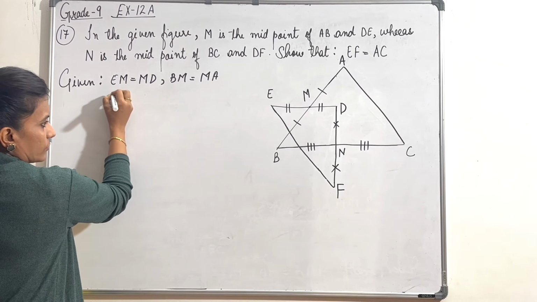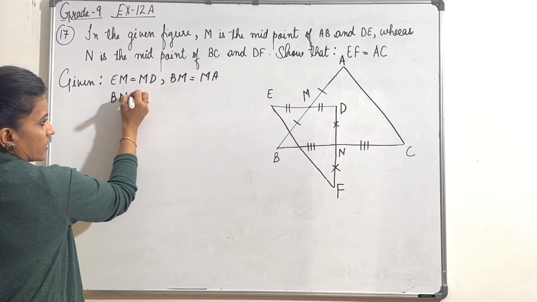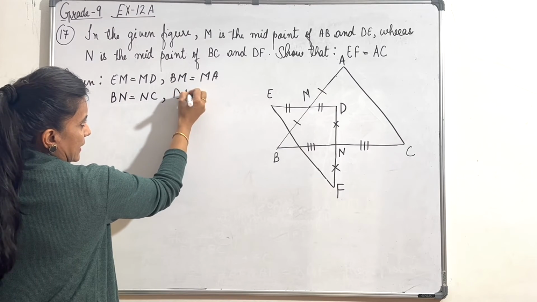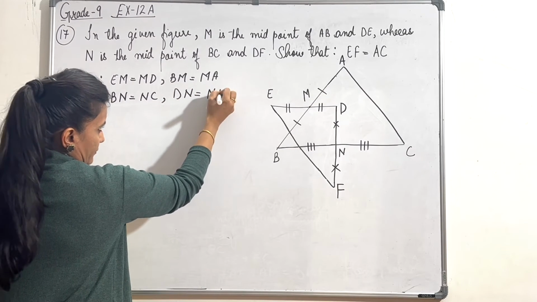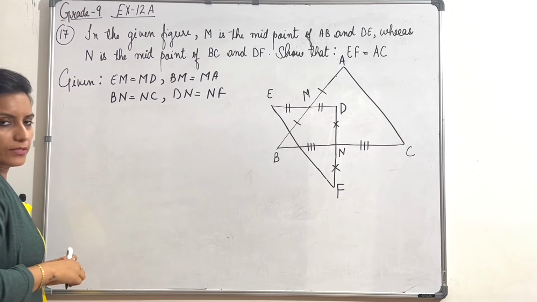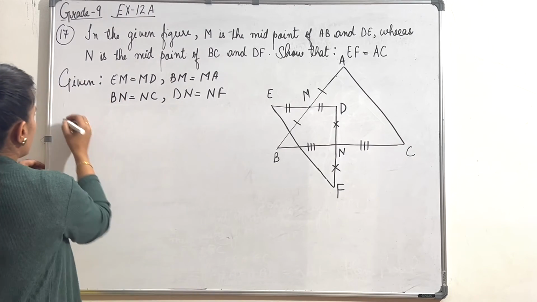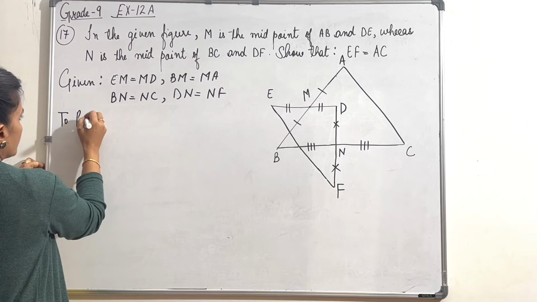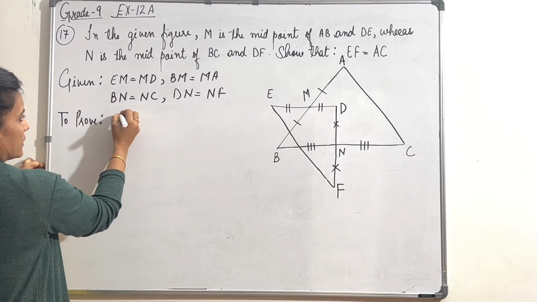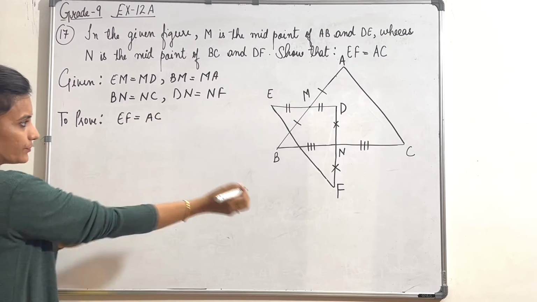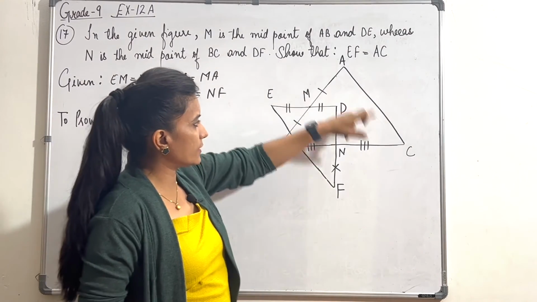So I can write down BN is equal to NC and DN is equal to NF. Okay, this is also a very simple problem. So here you have to prove that EF is equal to AC.